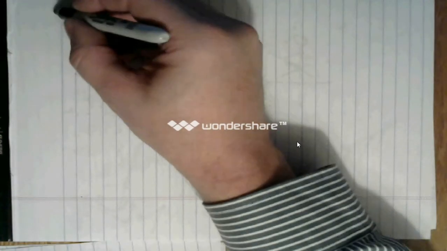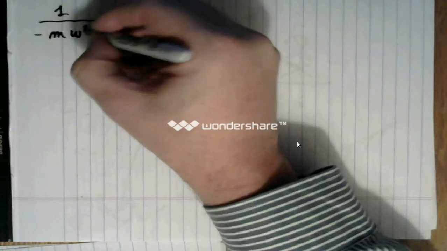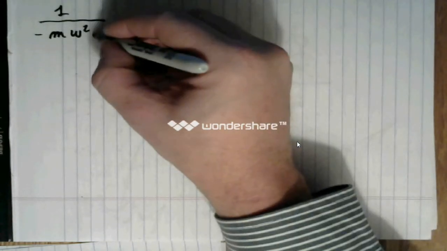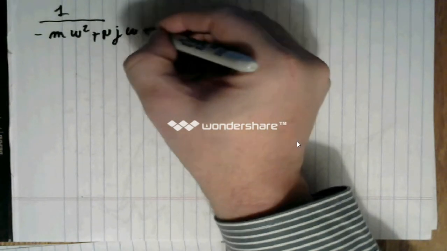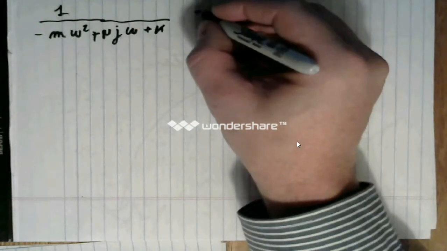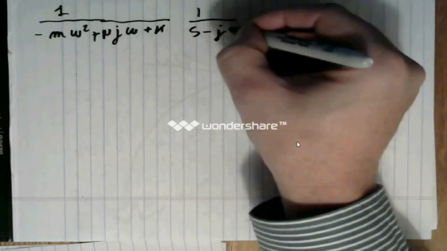What is this term? 1 over minus m omega squared plus mu j omega plus k times 1 over s minus j omega.